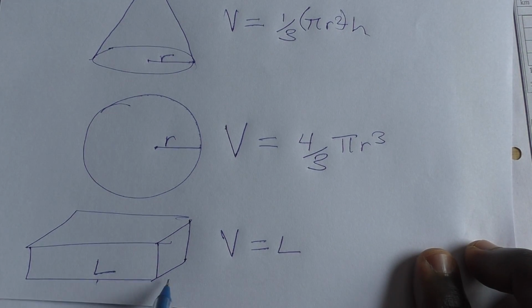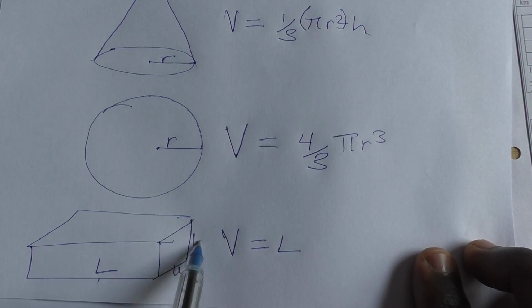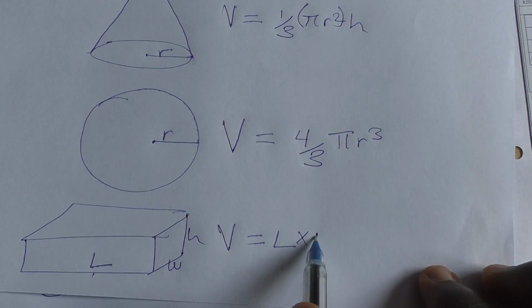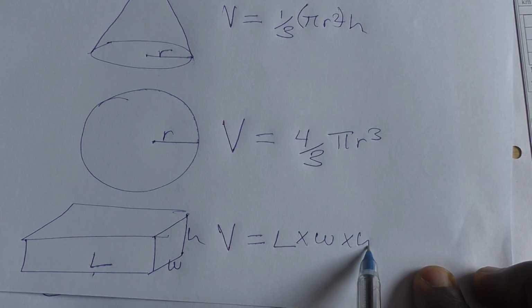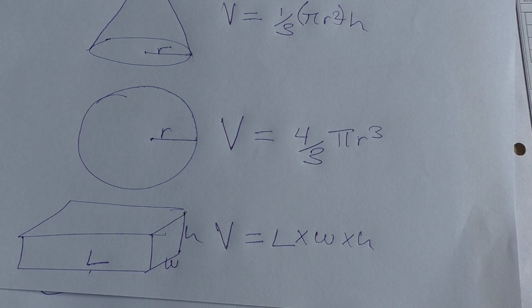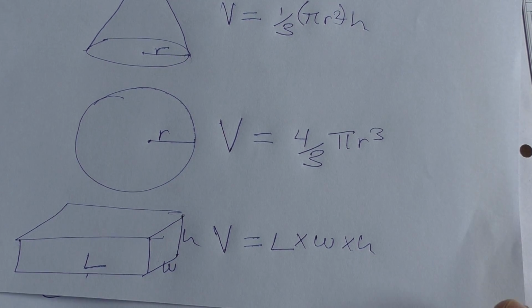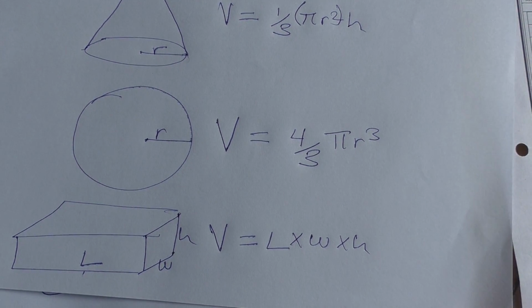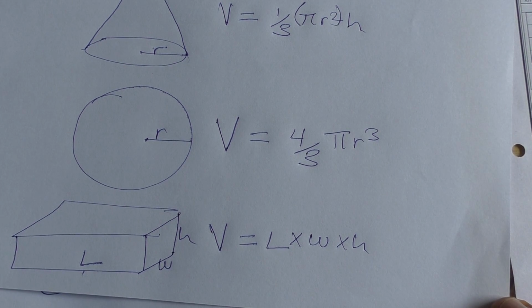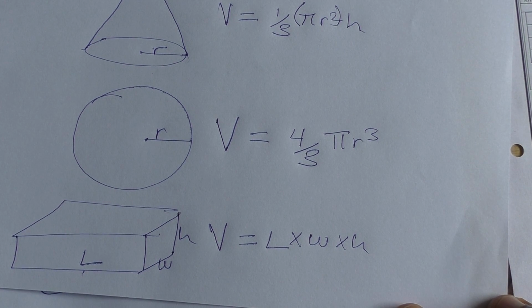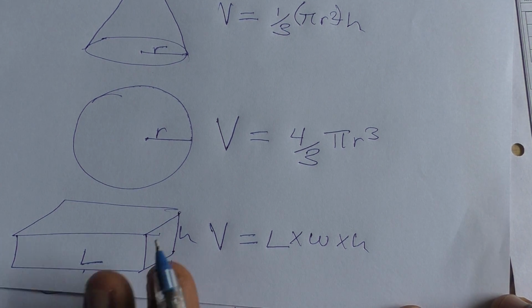So it is given by length times width times height. For a cube, since it has all sides equal, the volume will be length times length times length, which is length cubed.